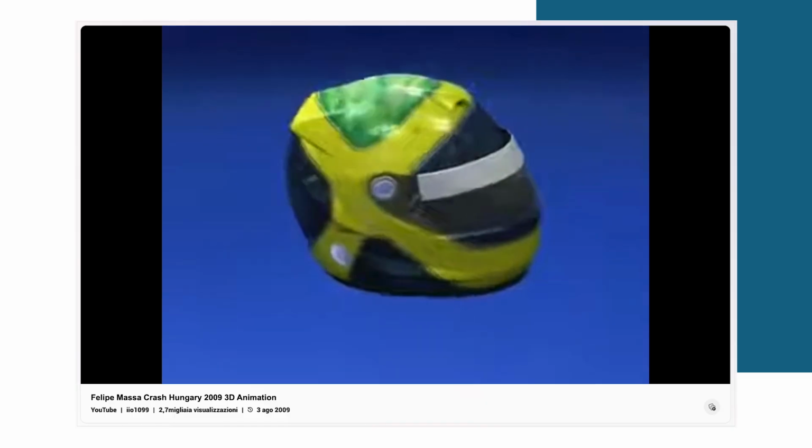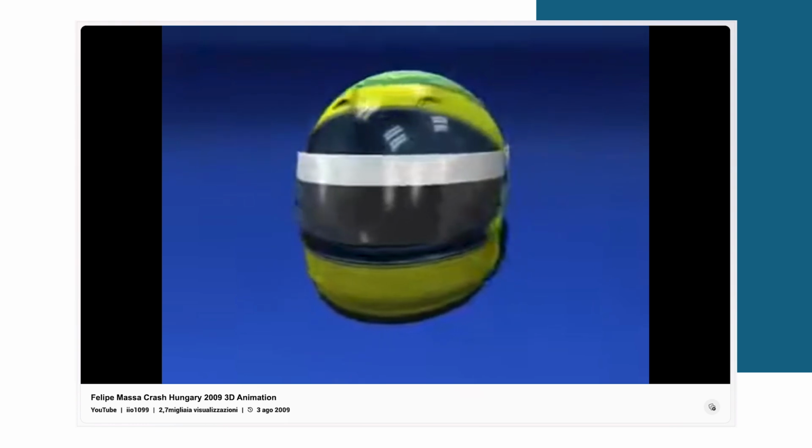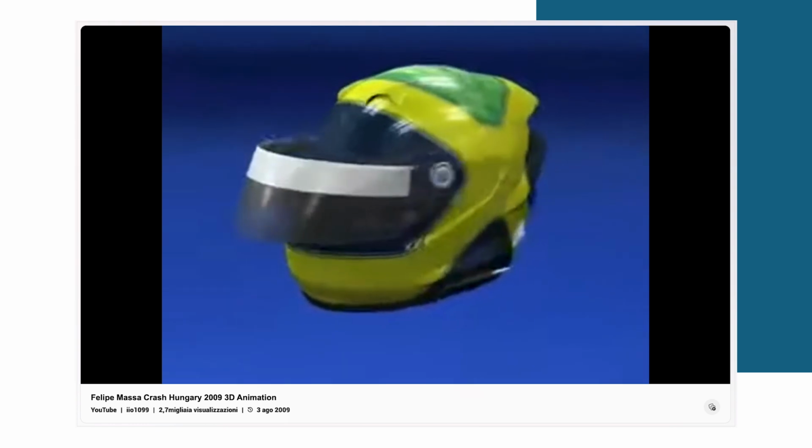Massa's accident highlighted a vulnerability at the upper edge of the visor opening, where the helmet structure was weaker. As a result, the International Automobile Federation, which regulates all equipment used in Formula One, required the manufacturers to introduce a new safety feature called the Zylon strip, officially the Zylon visor panel.